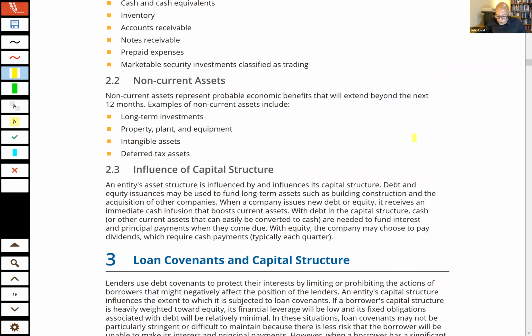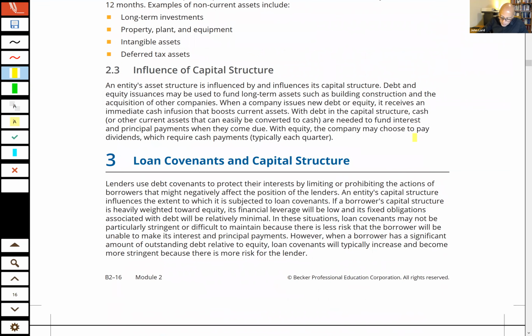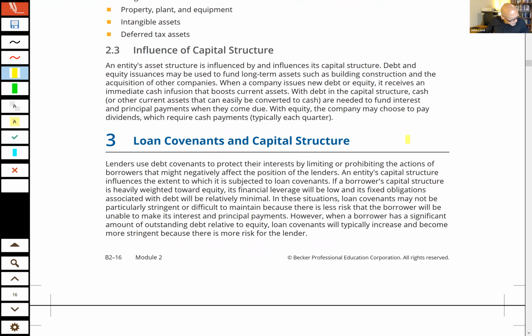I want you to flashcard something at the bottom of that section, that last sentence: when a borrower has a significant amount of outstanding debt relative to equity, loan covenants will typically increase and become more stringent because there is more risk to the lender.